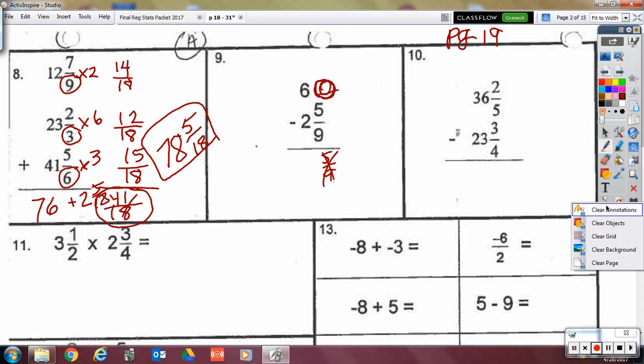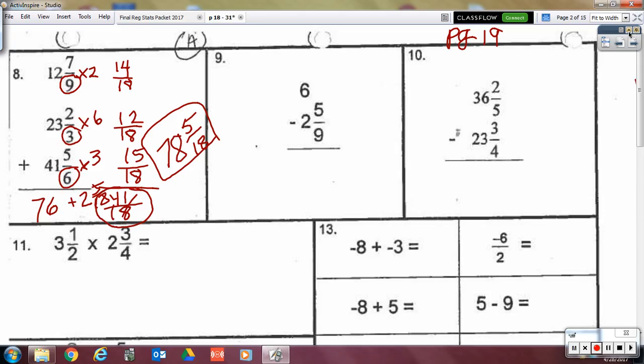So what we're going to do, from the 6, I am borrowing a whole number from the 6 and it becomes a 5. How do I write a fraction as a whole number? Okay, and why are you choosing 9/9?